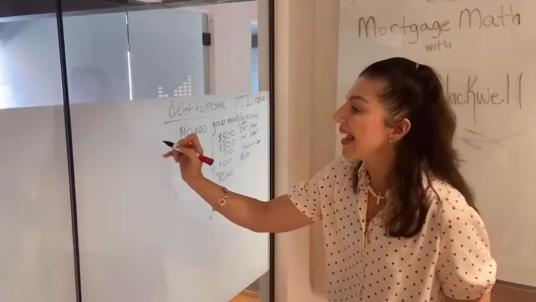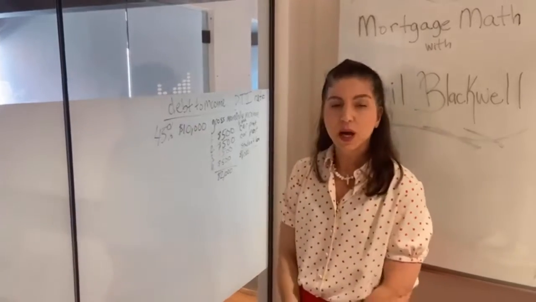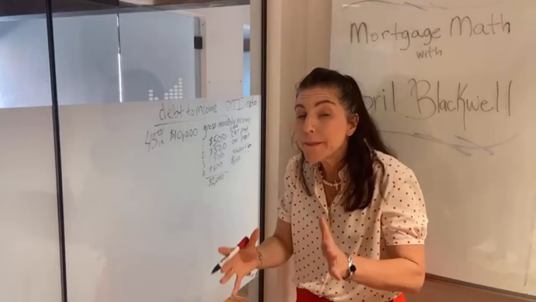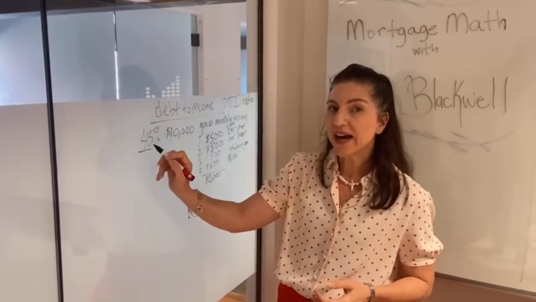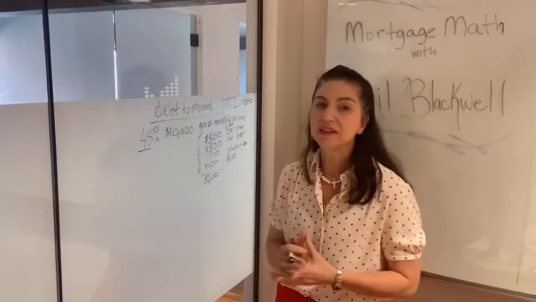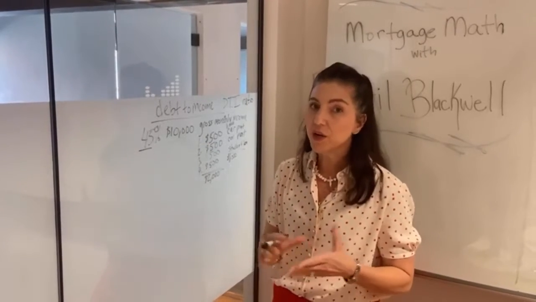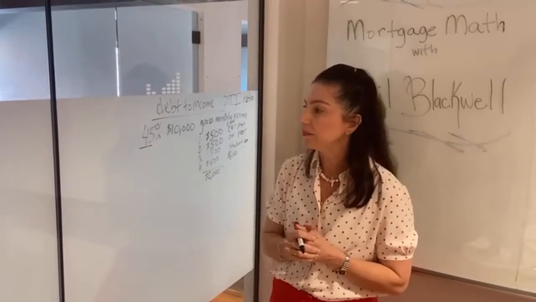Now, the aim is 45%. Most automated underwriting engines and most loan programs will find that 45% of your gross monthly income is acceptable. This is not for everyone, nor always, but for today's simple math, we're gonna go with it.